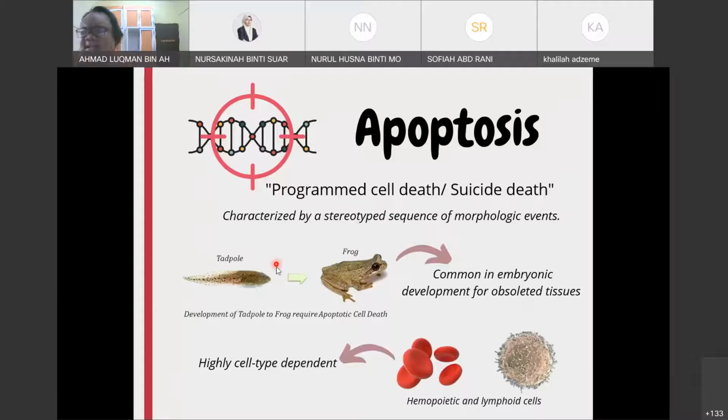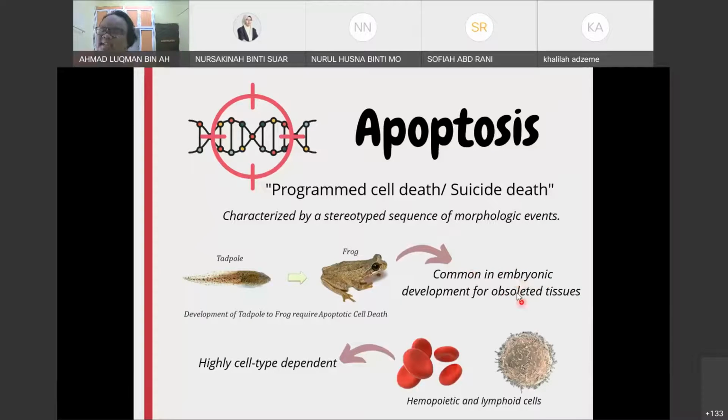The tadpole has a tail. In order for it to evolve into a frog, which doesn't have a tail, the tadpole eliminates the tail cells through apoptosis to become a frog.